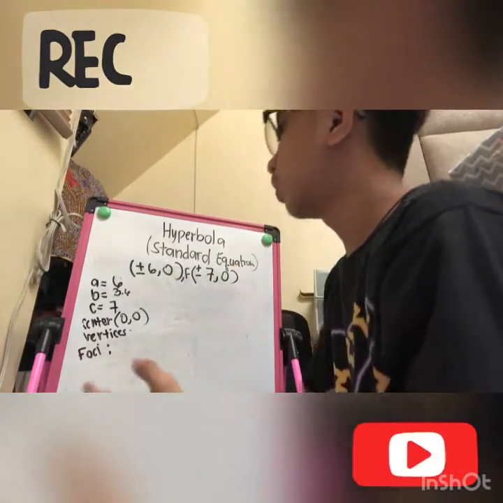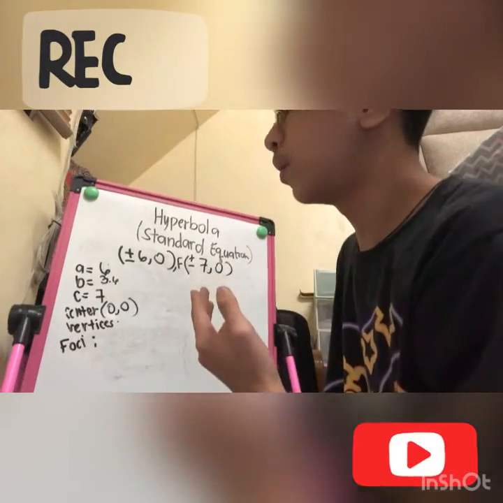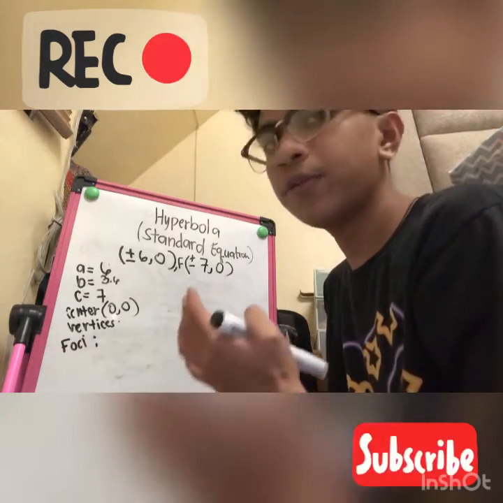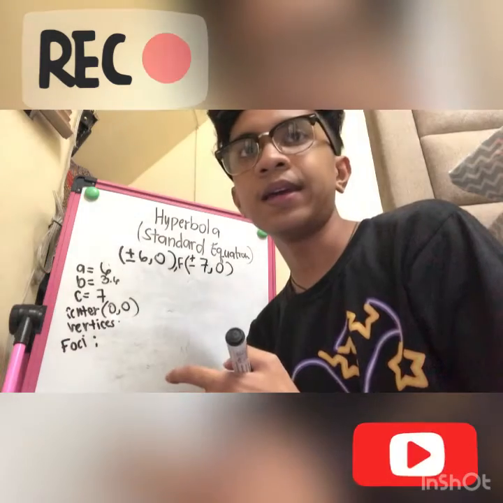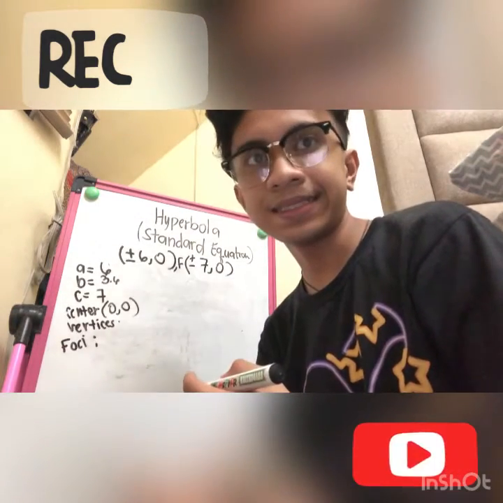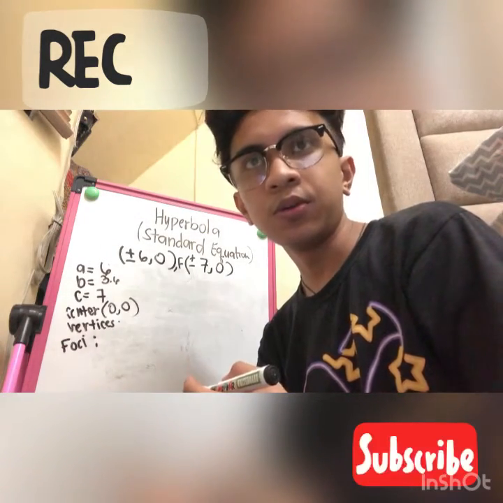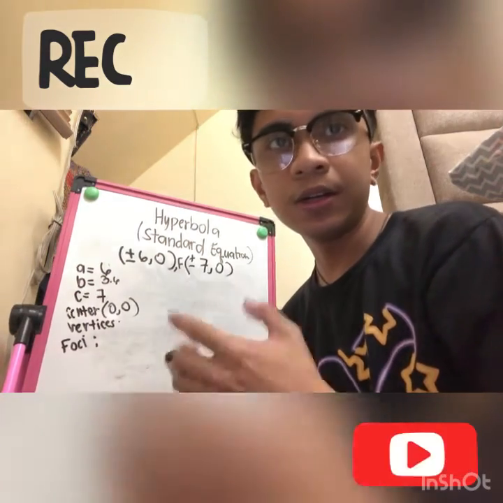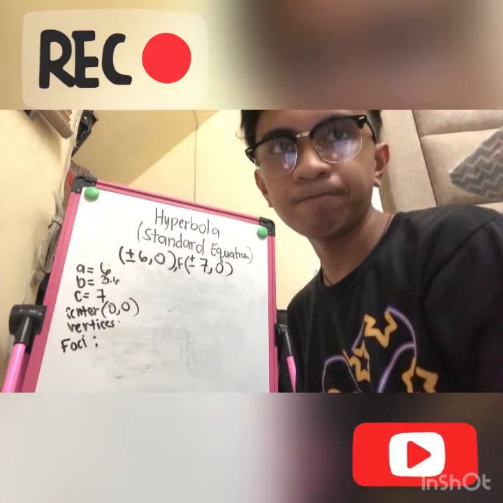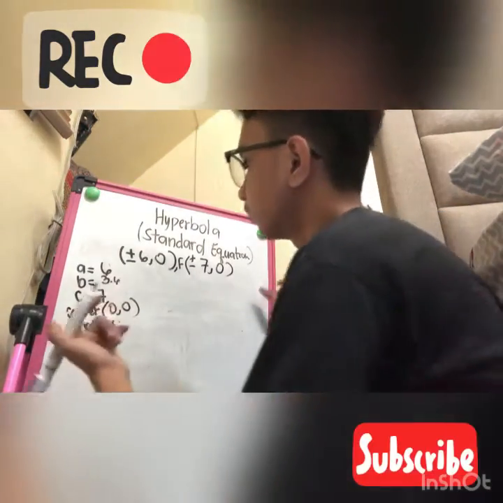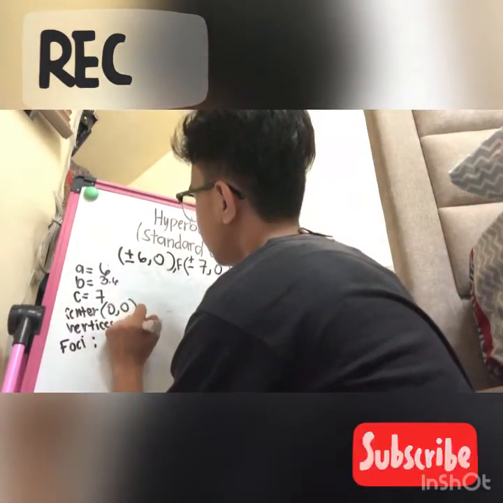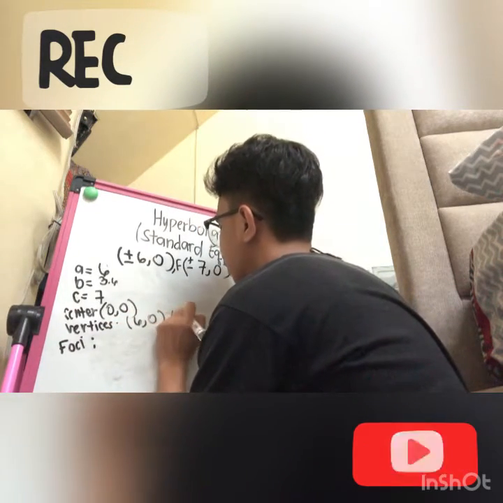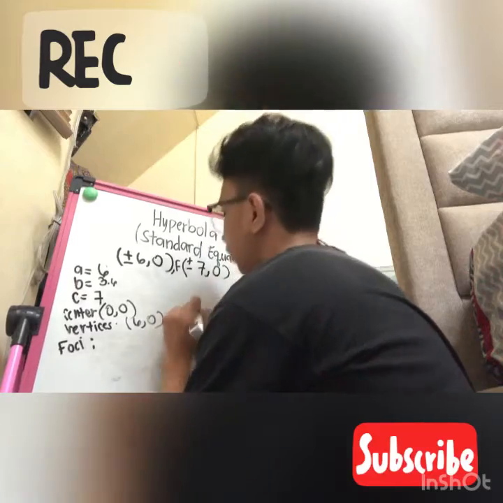Now that we identified a, we can also identify the vertices. The vertices here are (6, 0) and (negative 6, 0).